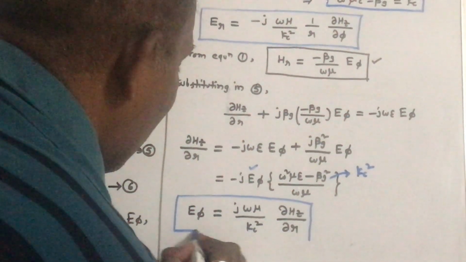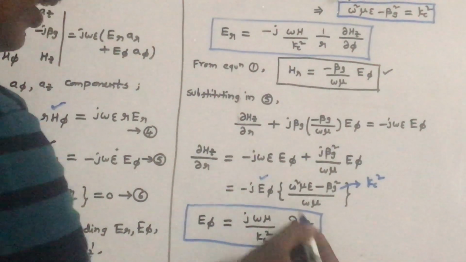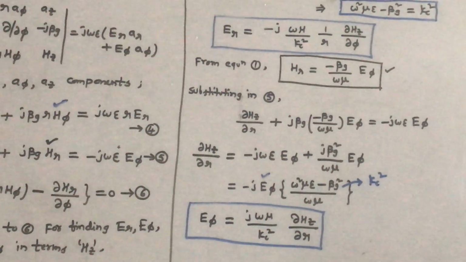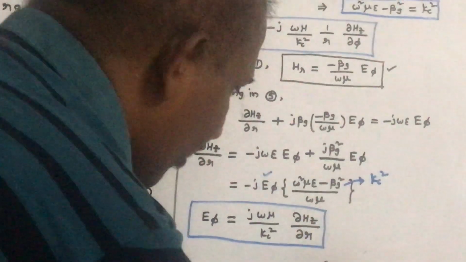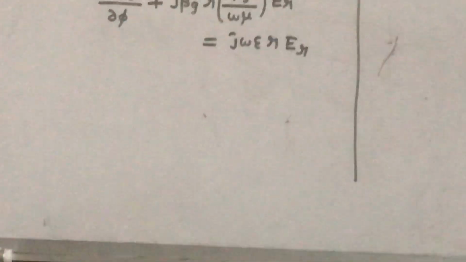So therefore we have obtained the field components ER in terms of Hz, E phi in terms of Hz. Now the other parameters are very simple. We want to find out finally HR and H phi. So what is HR from equation 1?